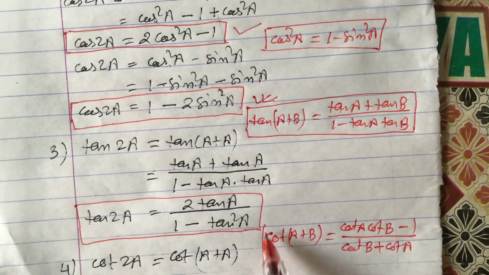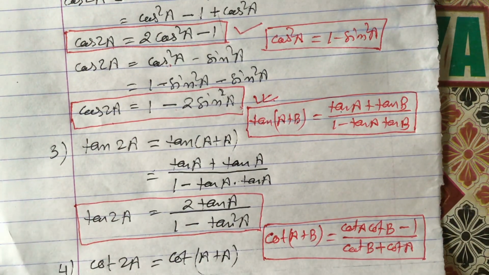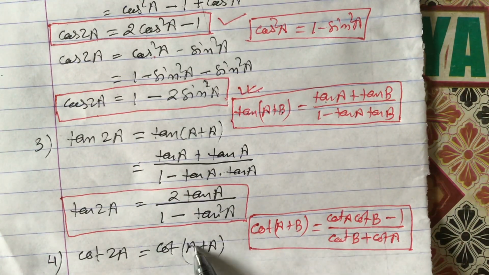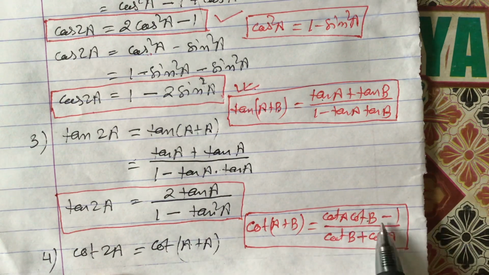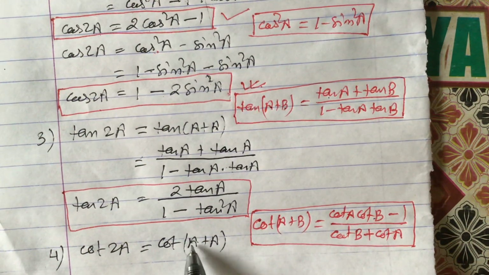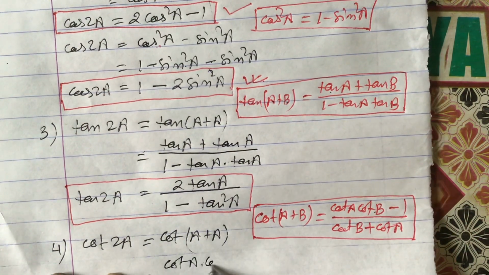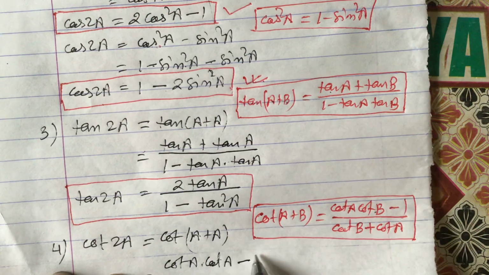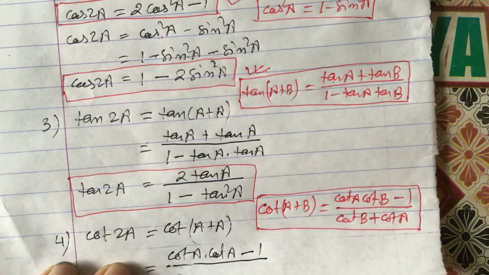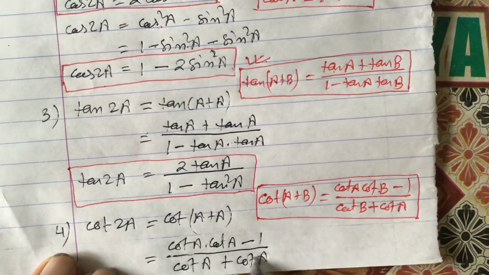This is the compound angle formula you learned in junior class. Now let us apply it. Just replace a by a and b also by a. So you will get cot a times cot a minus 1, divided by cot a plus cot a.